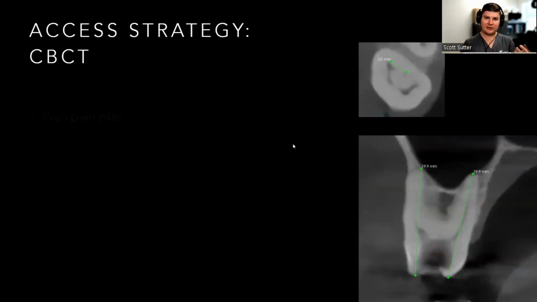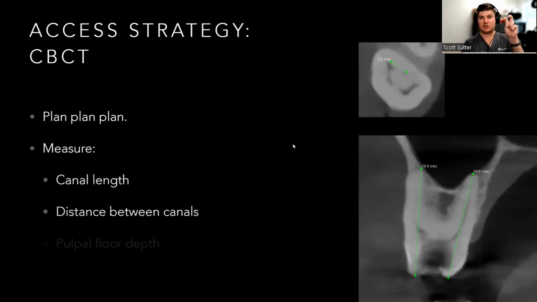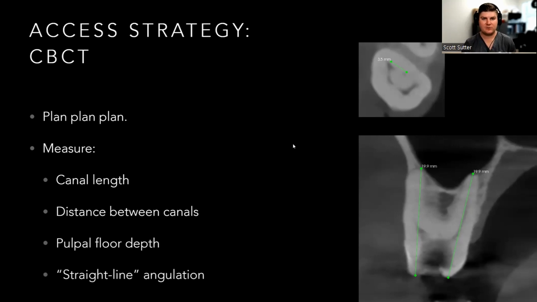The other thing that I like to do, especially with anteriors or lower teeth, is find out my straight line angulation. What that means is on especially lower premolars, the roots are pretty straight. The problem is that the crown can be almost 30 degrees tilted either buccally or lingually.